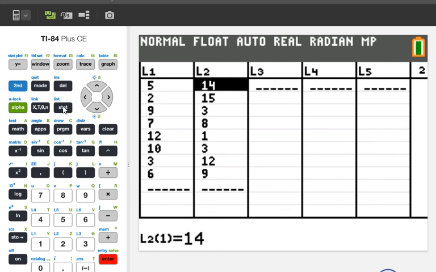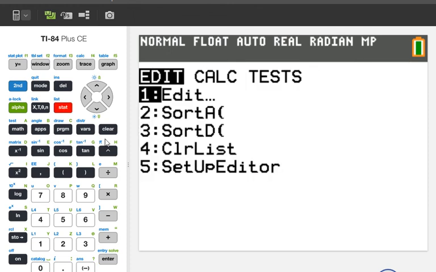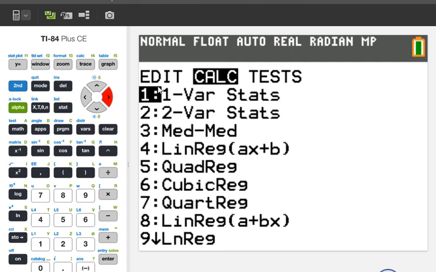All right, step 2, we're going to calculate a linear regression or a line of best fit. So we're going to hit stat. And again, we have our choice of edit, calculate, or test. We want to calculate. So we're going to arrow to the right, highlight calculate. And then these are the different tests we can run. We want to do a linear regression, number 4.